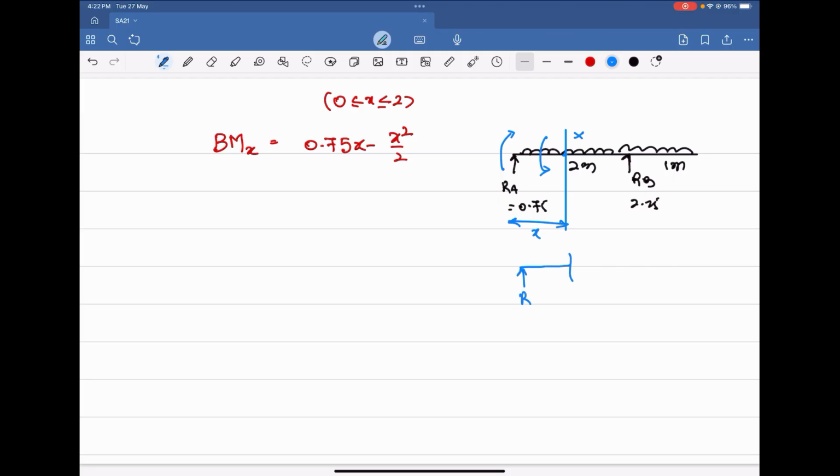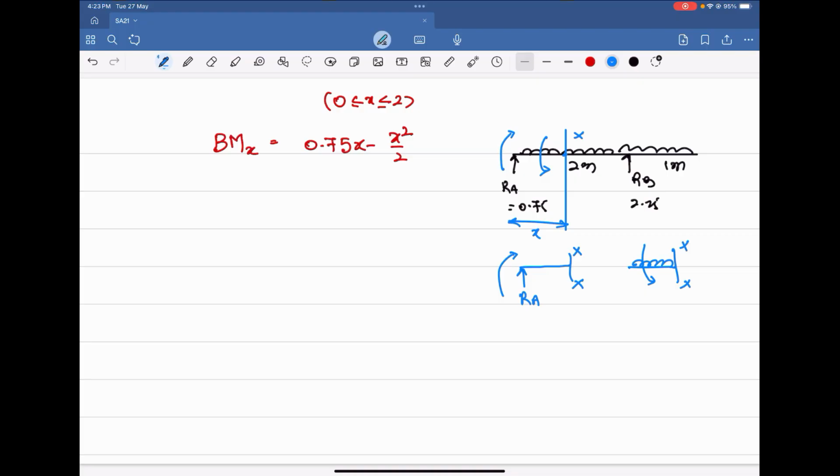When RA is acting like this, at the x section, the moment will be like this. When UDL is taken into consideration, don't take RA, only UDL. This is the x. UDL is downwards and the moment will be like this.